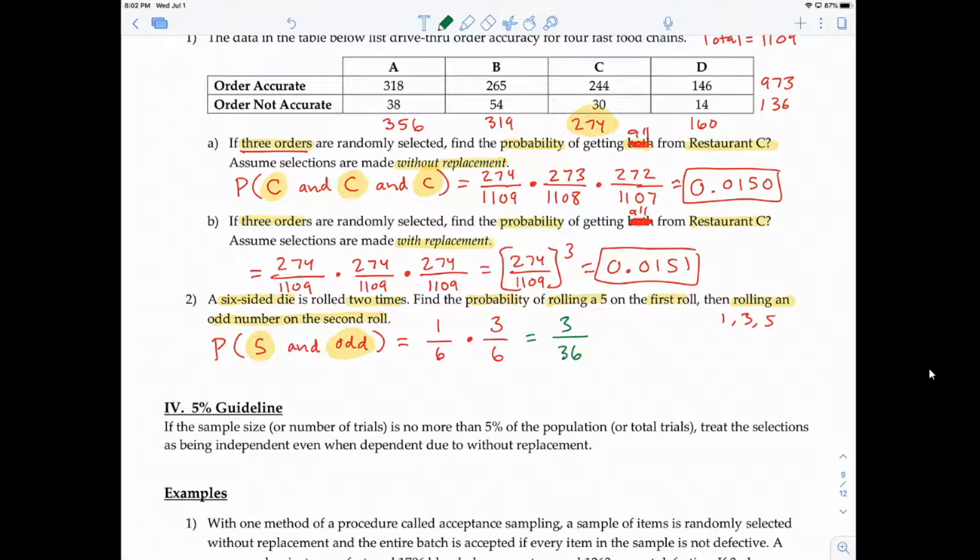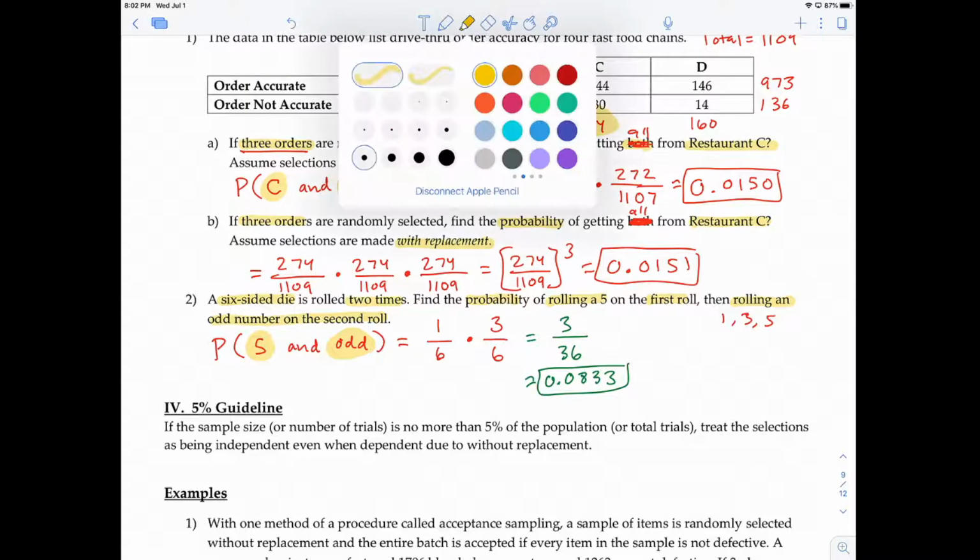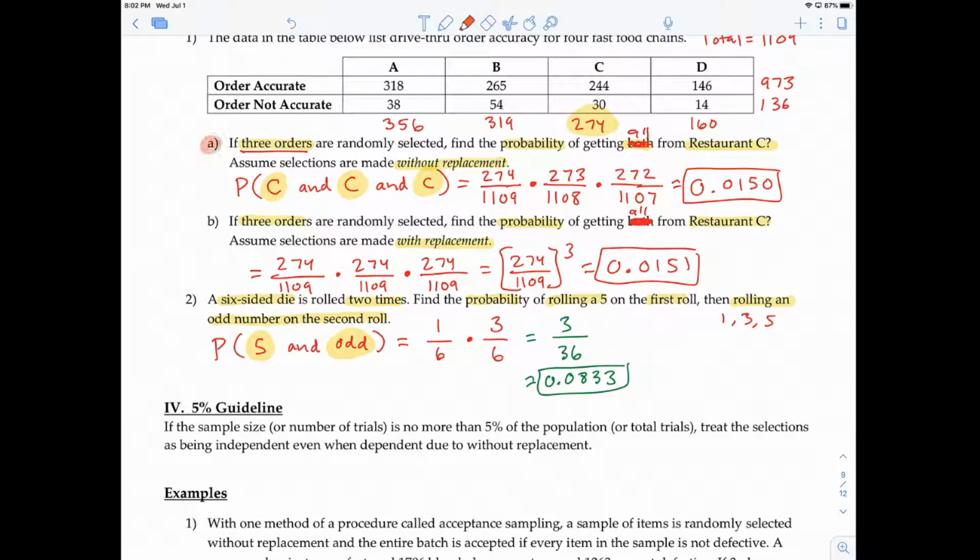Okay, so going back to what I had mentioned, notice how in the first problem, with A and B, the two answers are very, very similar. And I would say if you were to make 4 selections, like select 4 orders instead of 3, the more orders you select, the more similar the answers are going to be. And again, depending on what place value you round to, you're going to get the same exact answer.